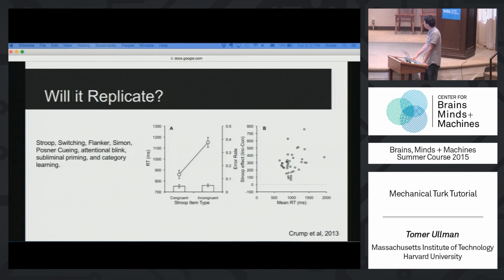And what they found was basically replication on all of these classic psychology effects, the sort of effects you would expect, the sort of effect sizes you would expect. The only thing that was a bit different was in category learning, where you show people something like, this is a tufa, this is a tufa, this is a tufa, is this a tufa, where there are different types of learning. Type 1 being easier, type 2 being a little harder, type 3 being much harder, where the classic finding was something like a graded thing.